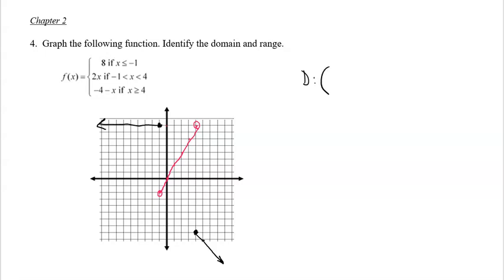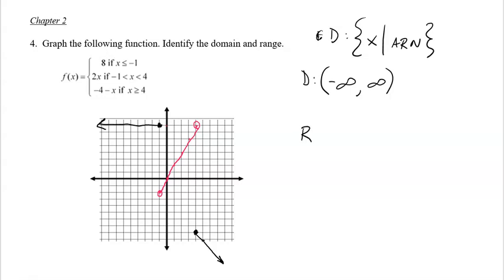So we have the entire x-axis covered. I'm going to use interval notation. This is a way of saying all real numbers. You could also do it as domain in set builder notation: all x's such that you have all real numbers.